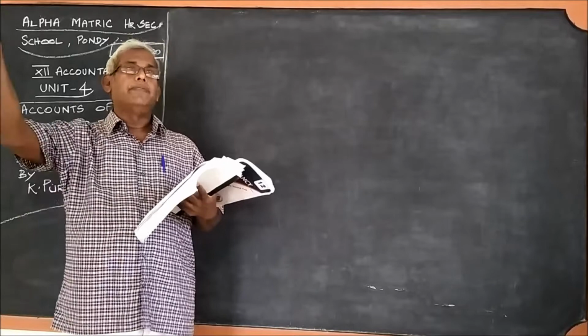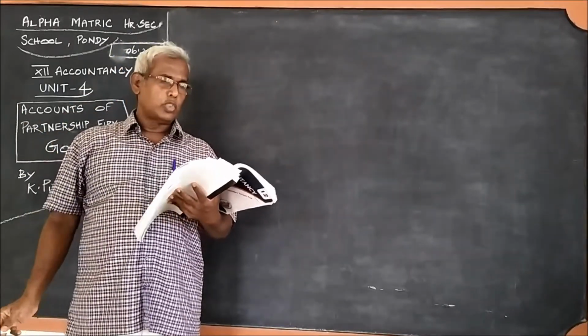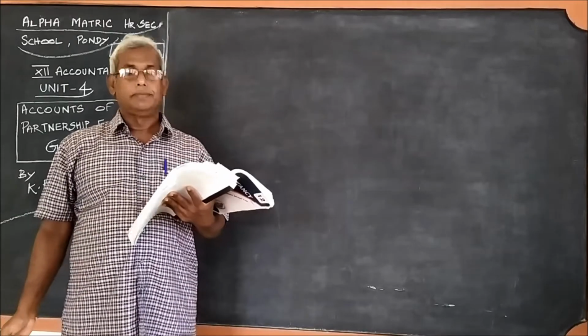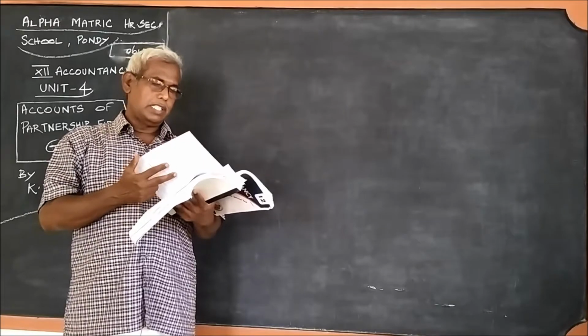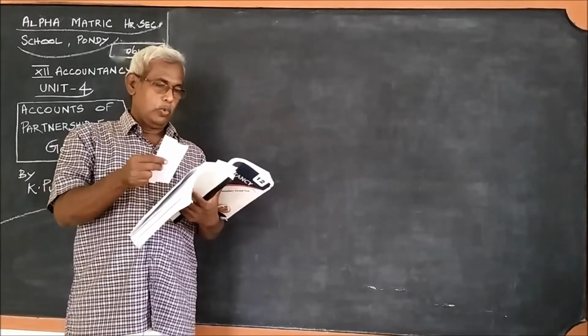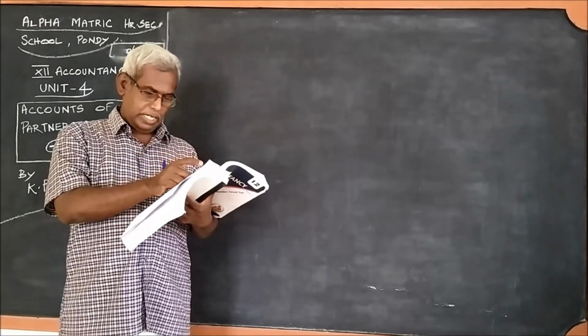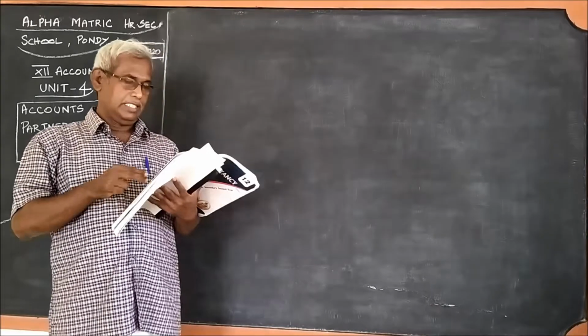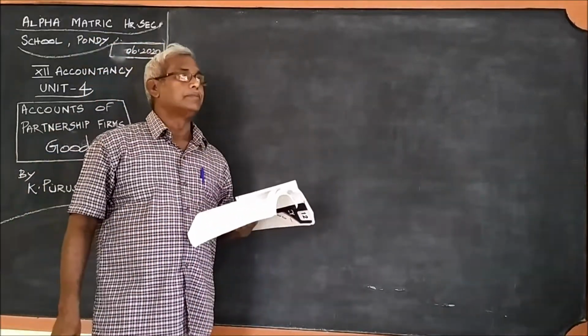Under the super profit method, we have seen the purchase of super profit method already, and only one is left, that is called the annuity method. We are going to see the annuity method.